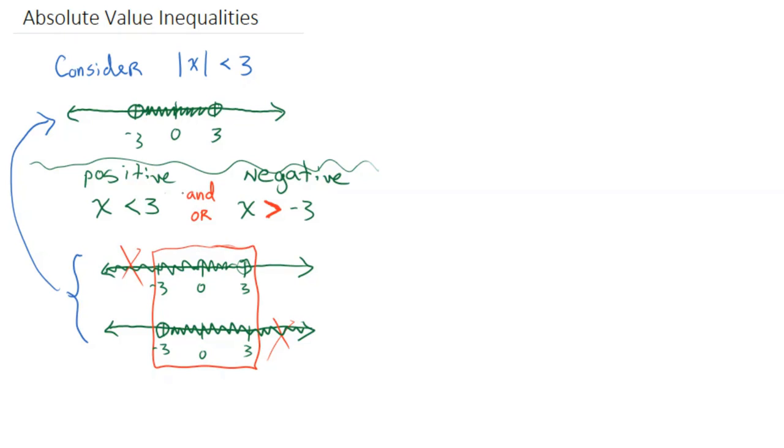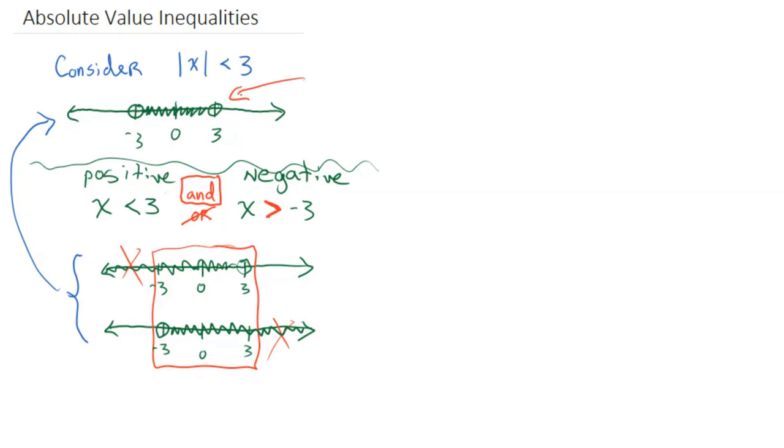Well, which one of our conjunctions looks at the overlap, or just when they are both true? That's going to be the and, not the or. The and is what will give us the distance from 0, between, this 3 units distance from 0.